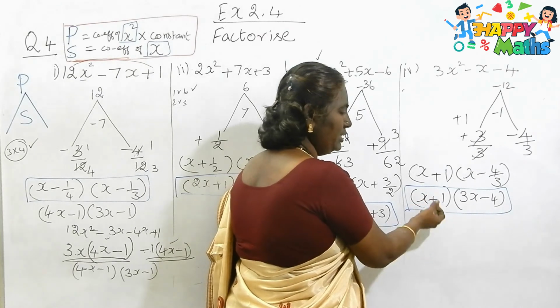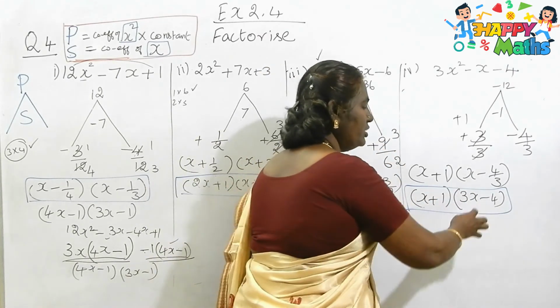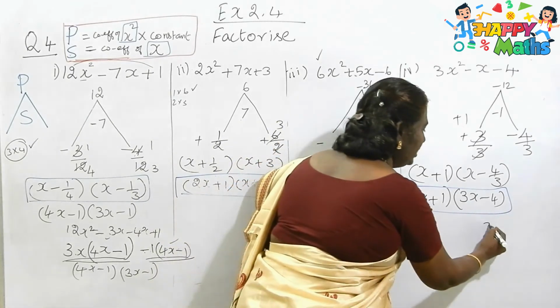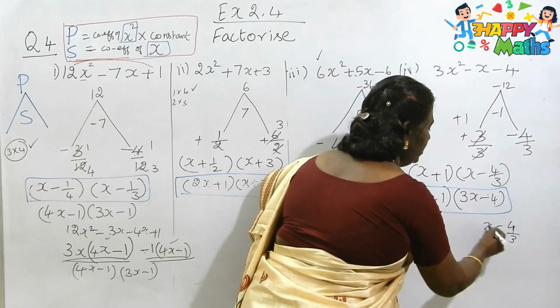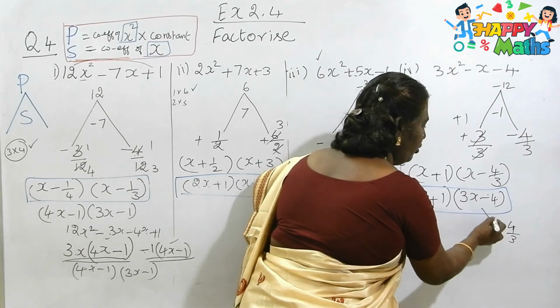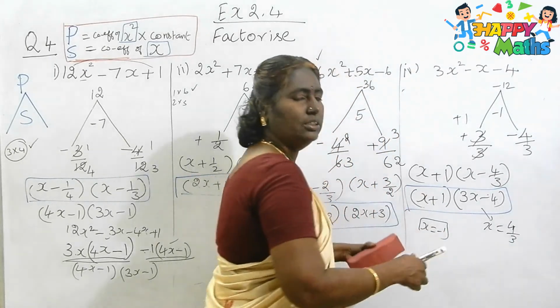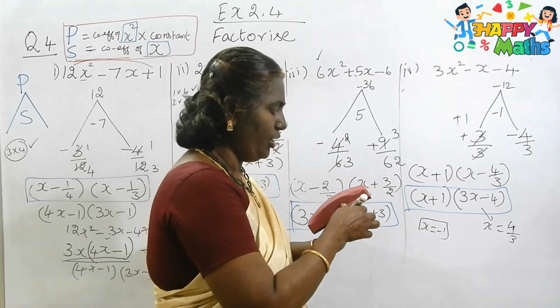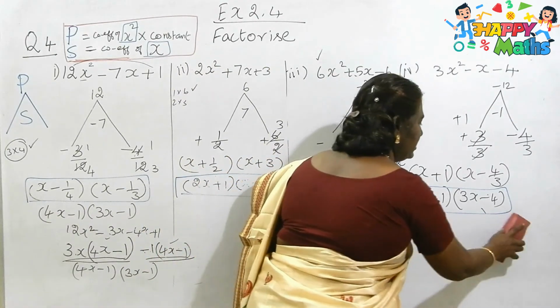If x plus 1 is a factor, then minus 1 is a zero. If 3x minus 4 is a factor, here you can easily say that the opposite sign of 4 gives plus 4 by 3. So, x equal to 4 by 3 is a zero for this factor, and x equal to minus 1 is the zero for the other factor. So, for finding zeros, it is a very, very simple method to factorize this way.